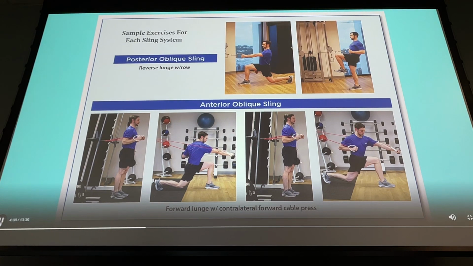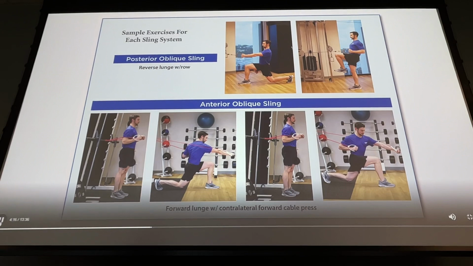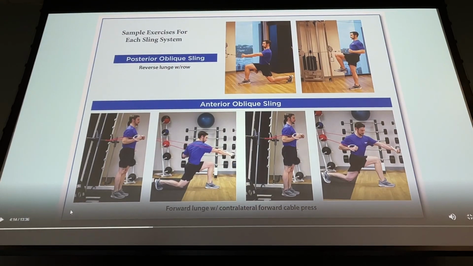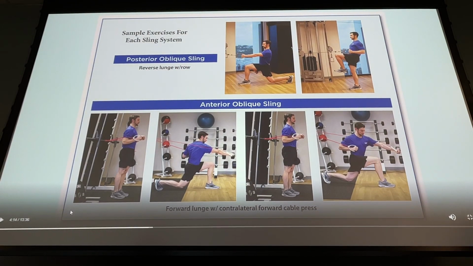The posterior oblique sling, we have a reverse lunge with row. For the anterior oblique sling, we have a forward lunge with contralateral forward cable press. So contralateral, that looks like they're alternating. If he is pushing with his left, he's lunging with his right leg.